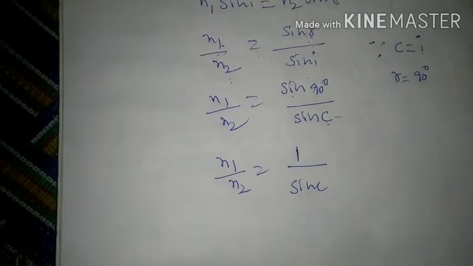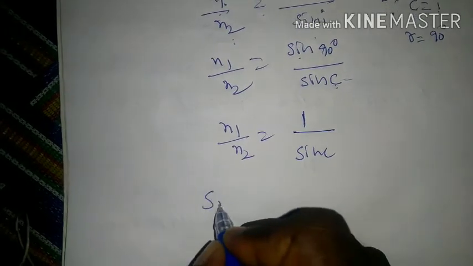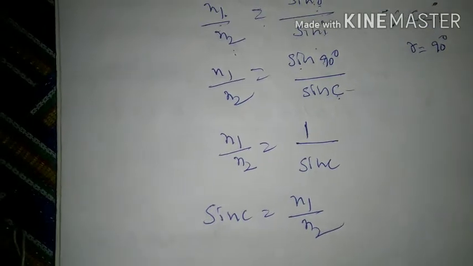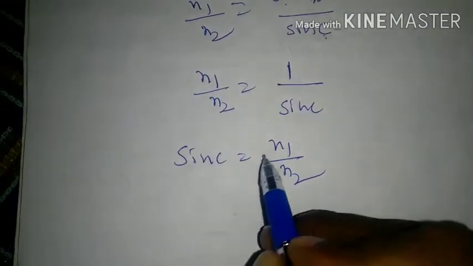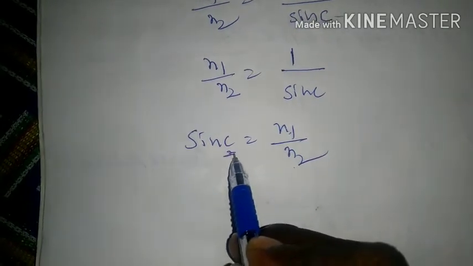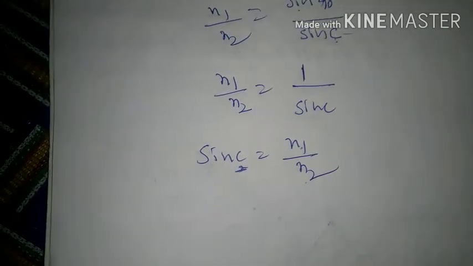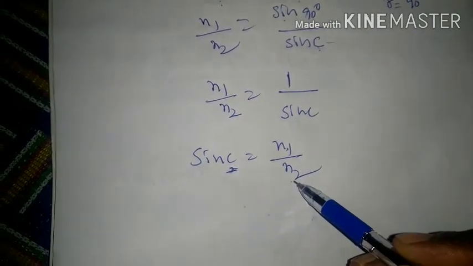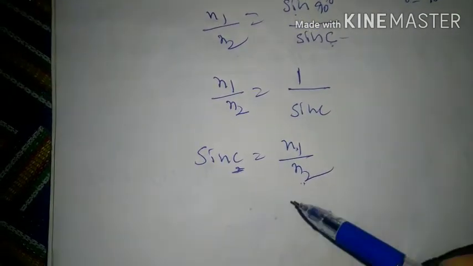Now write sin C is equal to n1 by n2. C is the critical angle, and n1 by n2 is the refractive index.